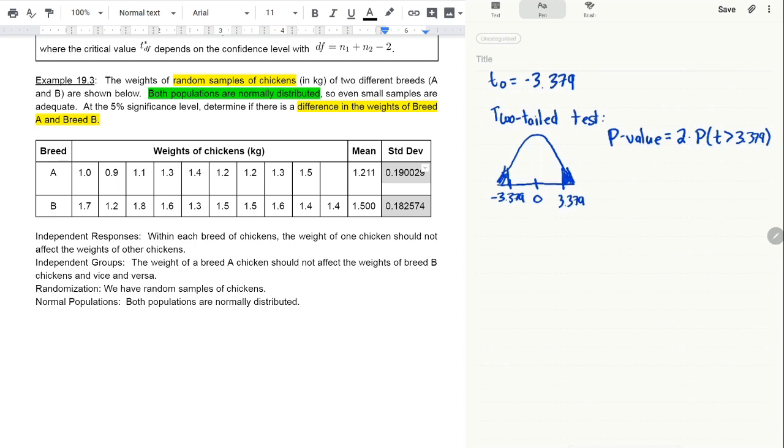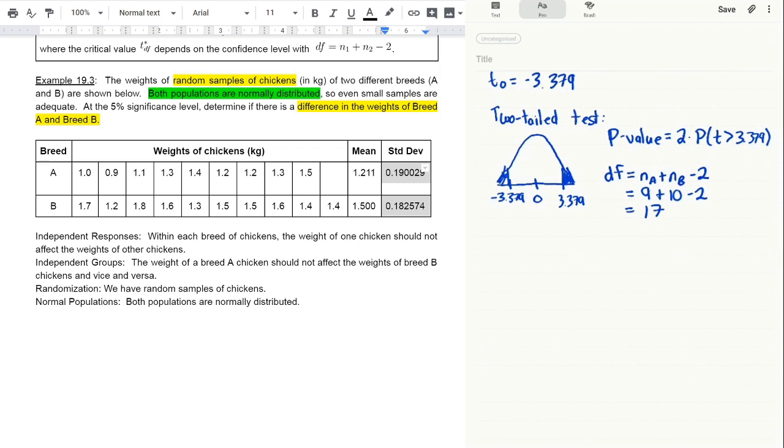Okay. So now we also need to specify our degrees of freedom. And the degrees of freedom is the sum of the two sample sizes minus 2. So that's 9 plus 10 minus 2, which gives us 17 degrees of freedom. All right.